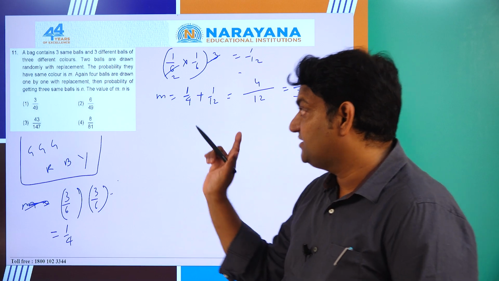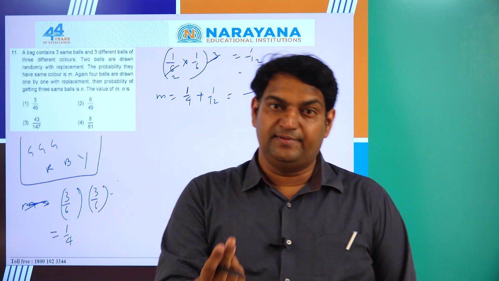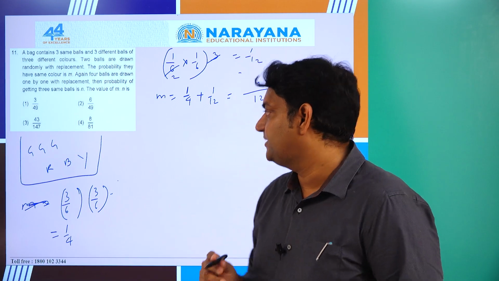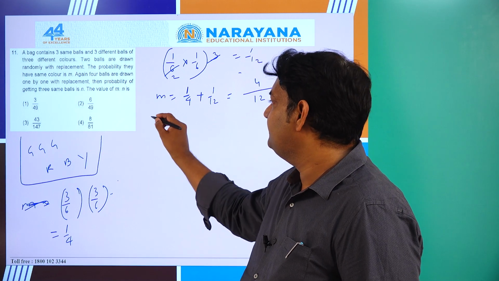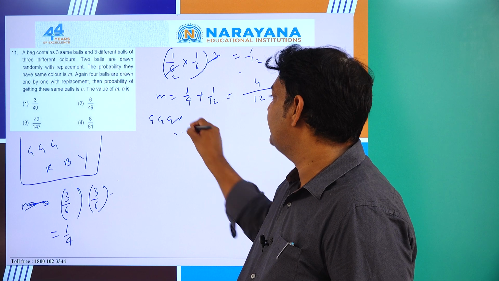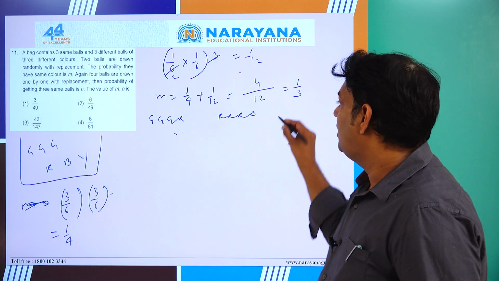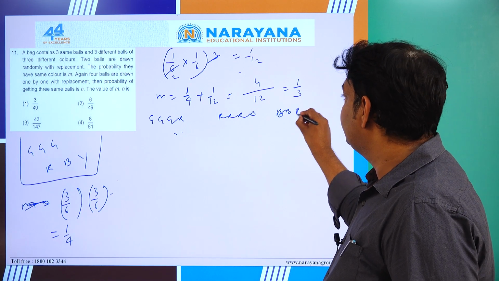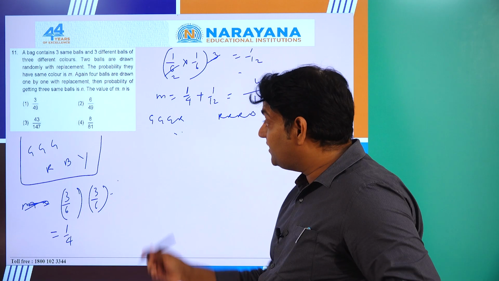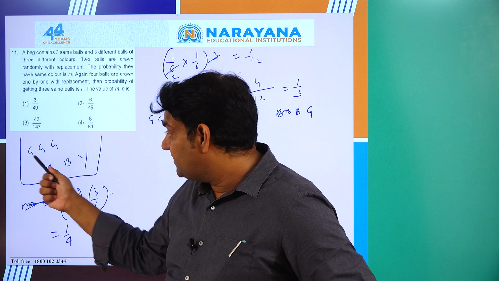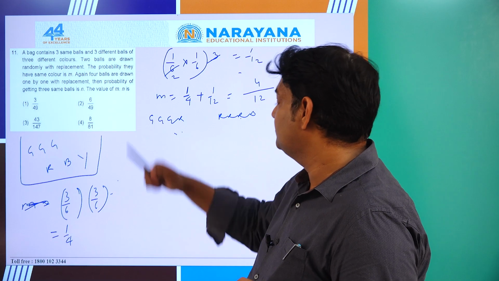Again, this is completely memory based, so some points may be missed. For the N value, it may be green, green, green, red, or red, red, red, blue, or blue, blue, blue, green. 3 balls of the same color, one different. Again there are 2 cases: the repeated ball or the non-repeated ball comes 3 times.